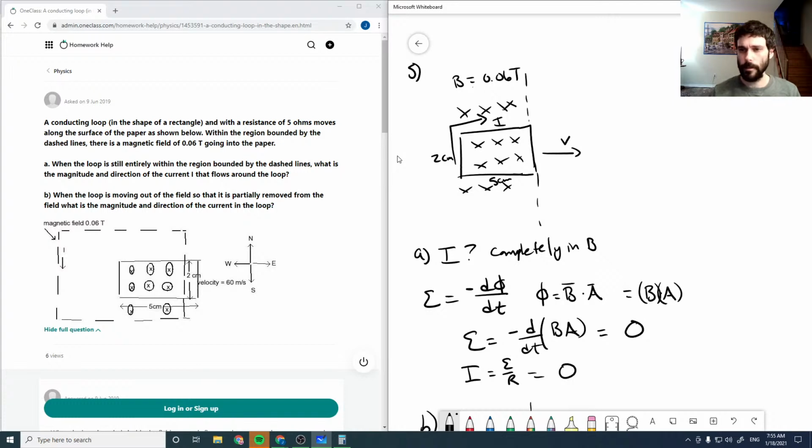Point our fingers in the direction of the current, at least on this loop here, and our palm facing the direction of the B field, and our thumb will point in the direction of the force. We know the direction of the force should oppose the change in flux, so should try to move it back into the B field. And so our net force is going to be to the left. So that makes sense.